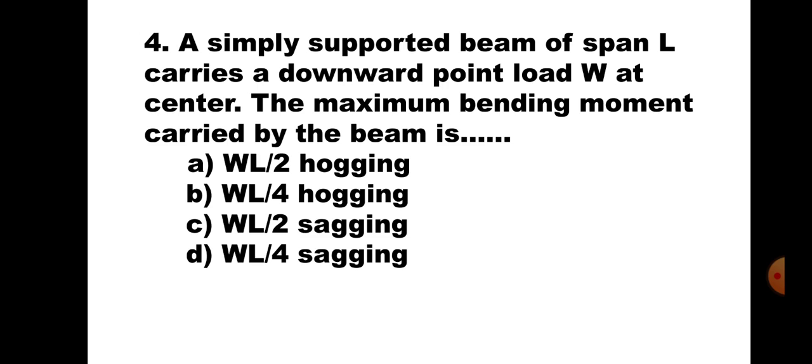Now, this is a standard case of simply supported beam carrying a point load at center. The maximum bending moment is WL by 4 sagging. Hence, the correct answer is D, WL by 4 sagging.